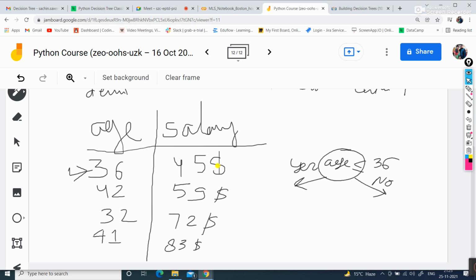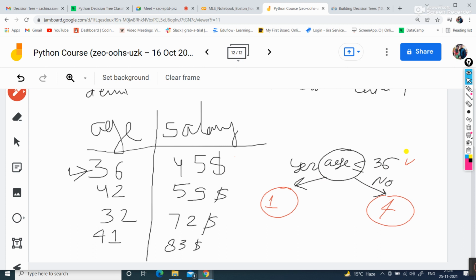On the left hand side I will have the true value, and on the right hand side I will have the false value. Here I will have only one data point, and here four data points.